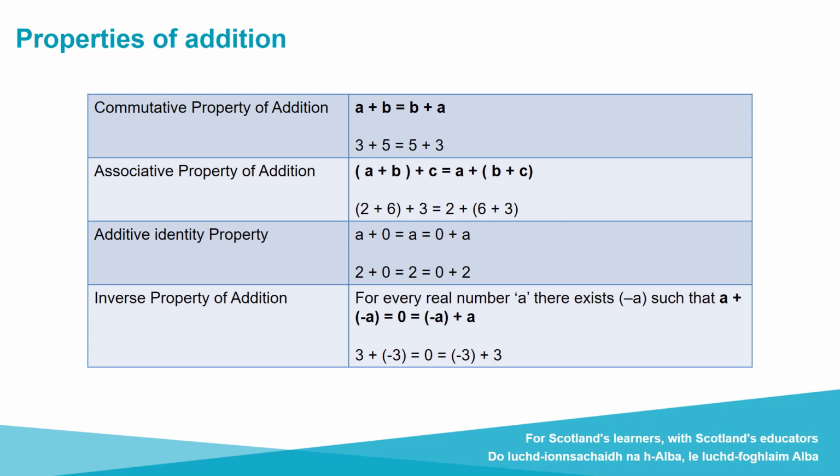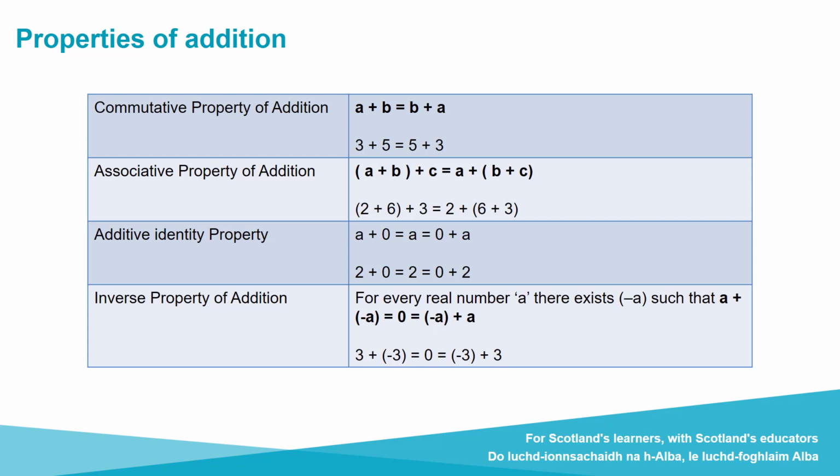A property that we might not spend quite so much time on, and it is worth drawing learners' attention to, is the identity property: addition does have an identity, and that identity is 0. So if we add 0 or indeed subtract 0 from any number, that number remains unchanged.